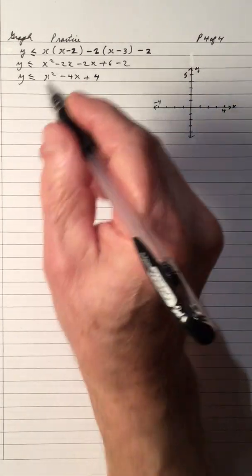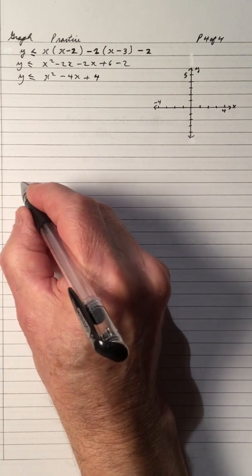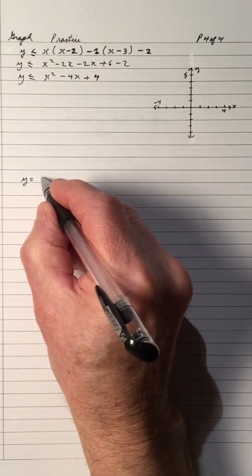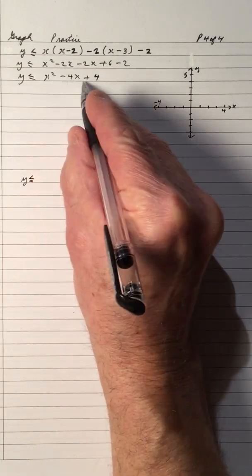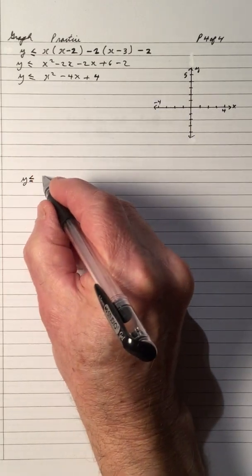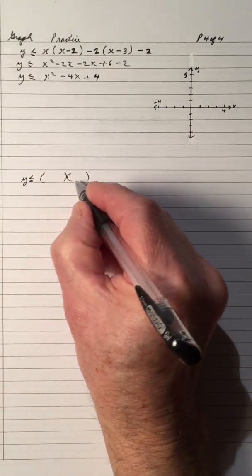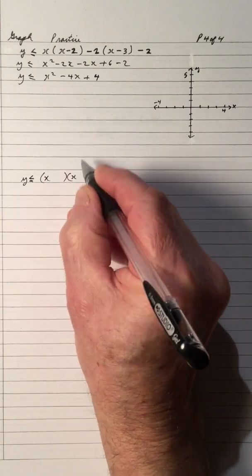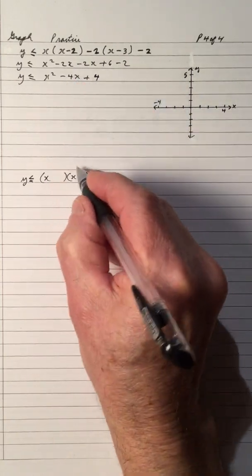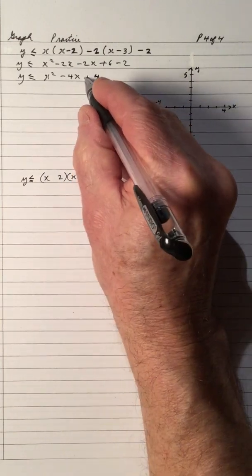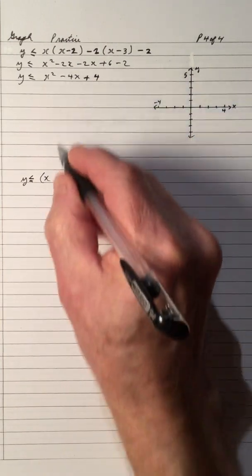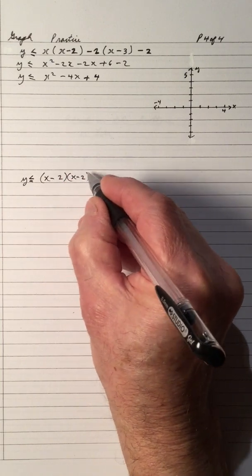But I notice that this is factorable: x and x. Factors of 4 are 2 and 2. And because the product is positive 4 and the sum is negative, it's a negative and a negative.